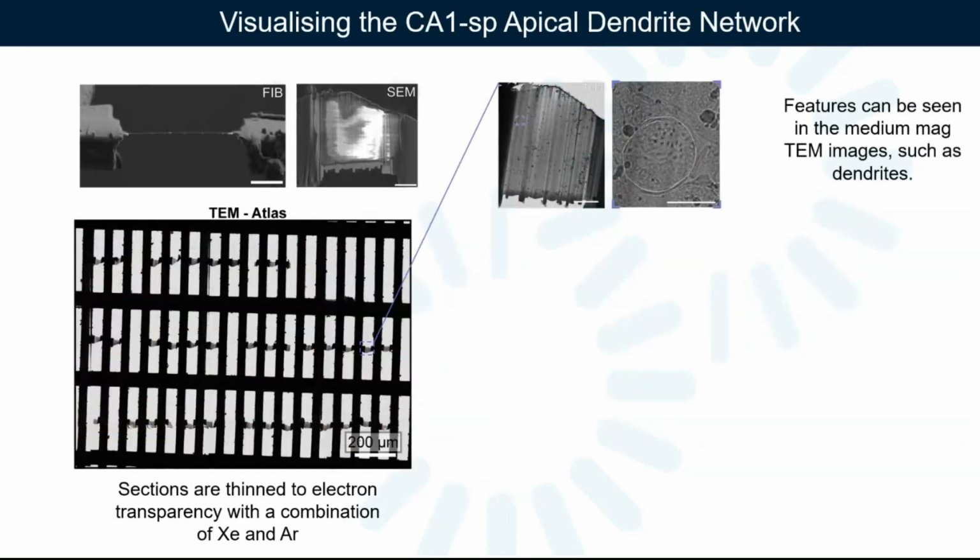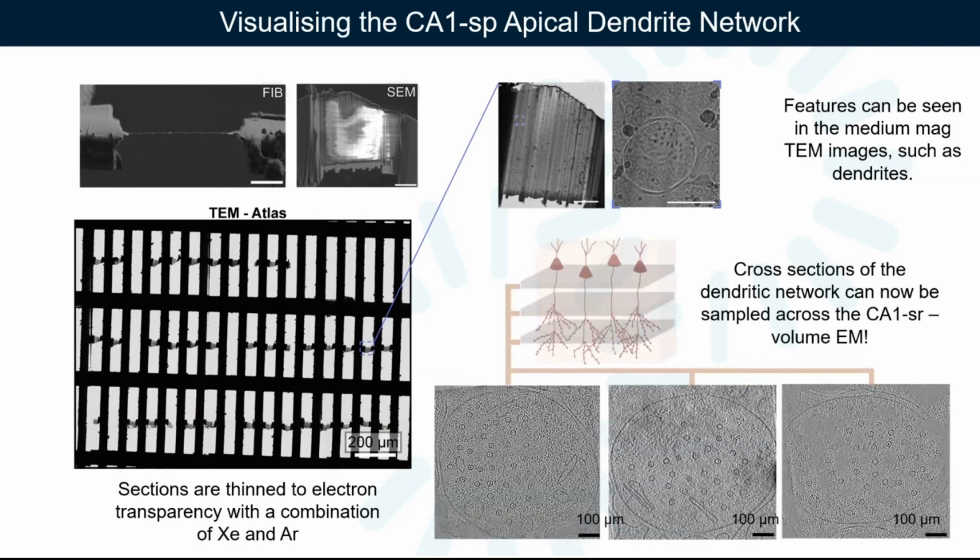And you thin it with a combination of xenon and argon, and then you take it to the TEM, and you can see this is a medium magnification image, and you can start picking out features for targeting, for example, dendrites. So from this perspective, the reason why we did it is to get these cross sections of the dendrite network in cryogenic specimens. And because they are all sequential, this is technically volume EM.